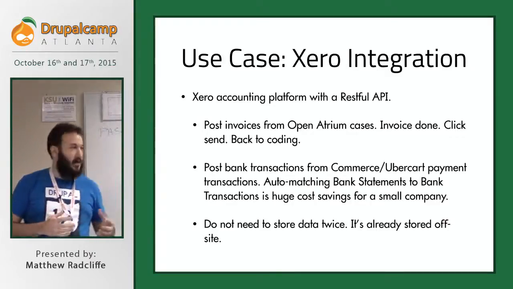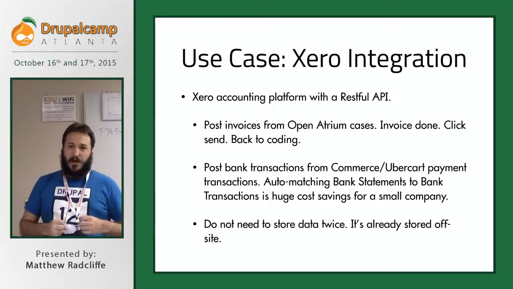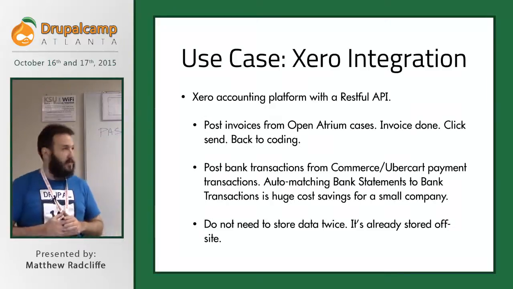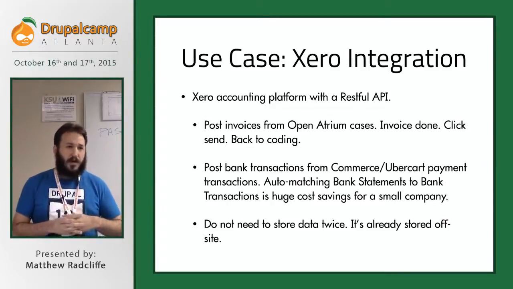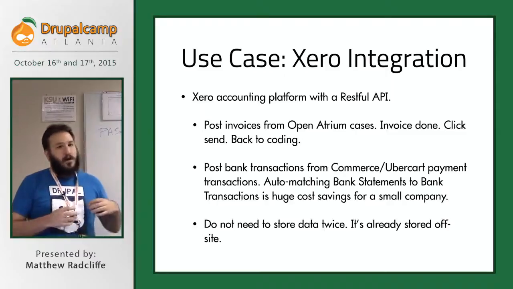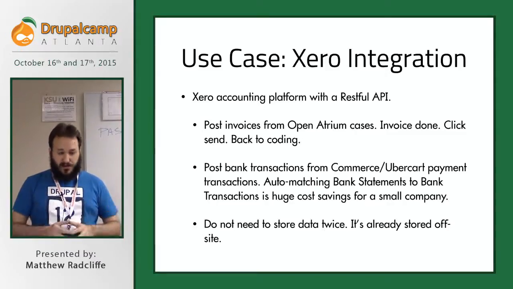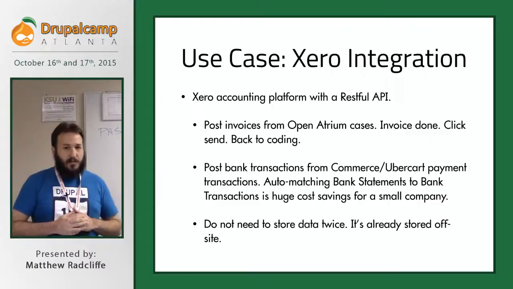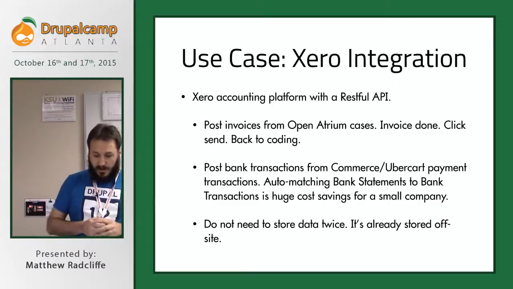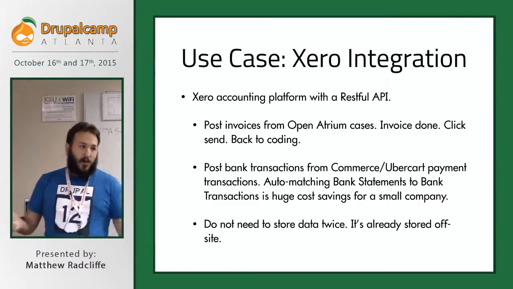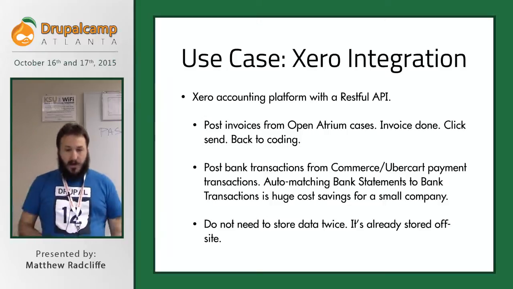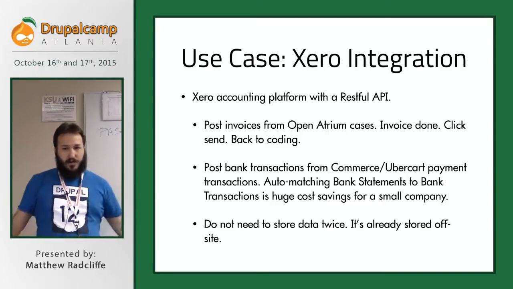My use case, and I'll be talking about this as an example, is the Xero accounting platform. Xero provides accounting software as a service for small businesses. Our use case at Composite is that I want to post invoices from Open Atrium cases and then get back to coding, because we're not a big company.